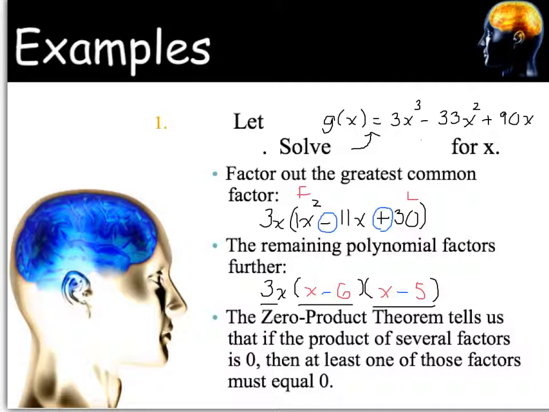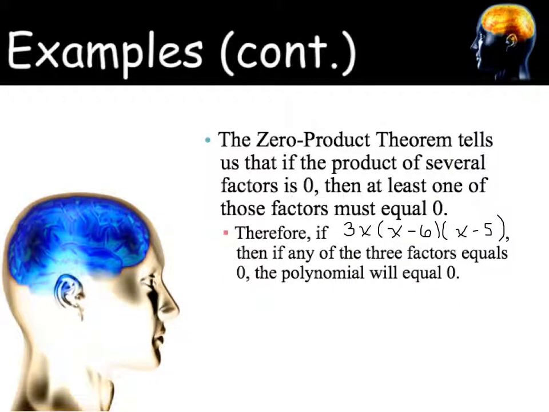So what we need to do is determine what values of x would make that polynomial equal to 0. In other words, we want to take each of those factors, the 3x, the x minus 6, and the x minus 5, and set them each equal to 0, and solve for x.